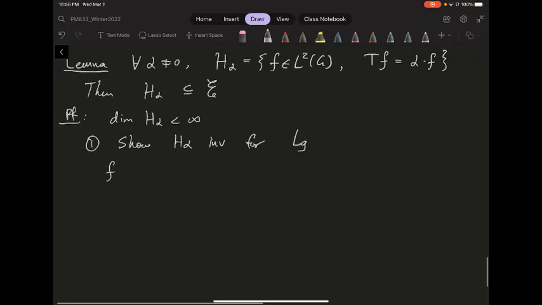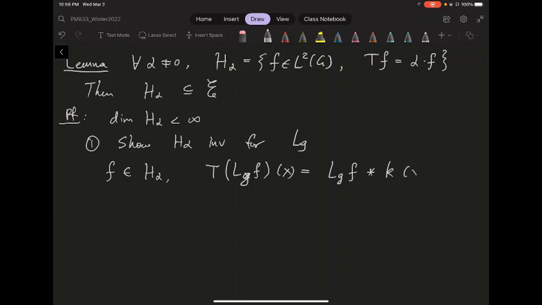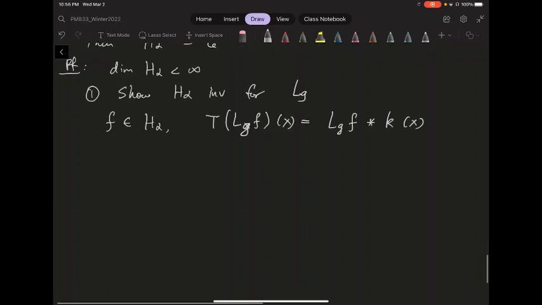All right, so let's say I take f inside H alpha, and I consider what happens if I left translate my f by g, L_g of f, and then evaluate at x. So we know this is essentially just given by this conjugation. So I left translate my f, and I convolve with the function k, this small k, and then evaluate at x.